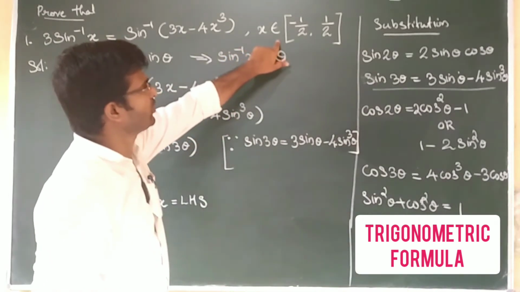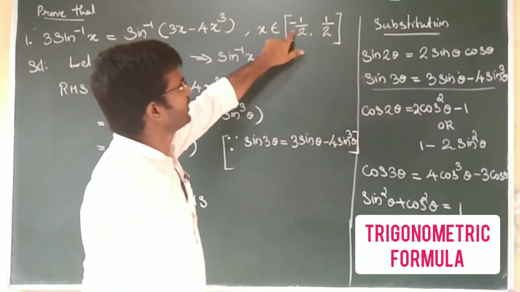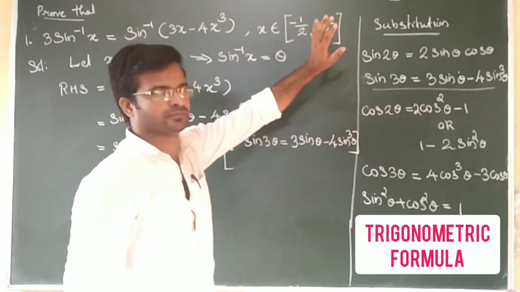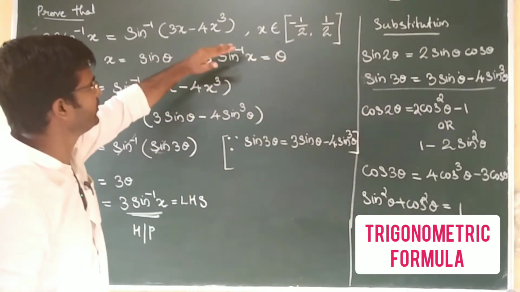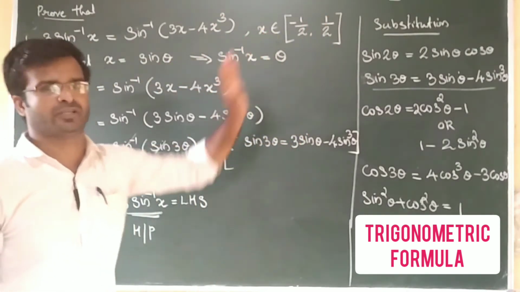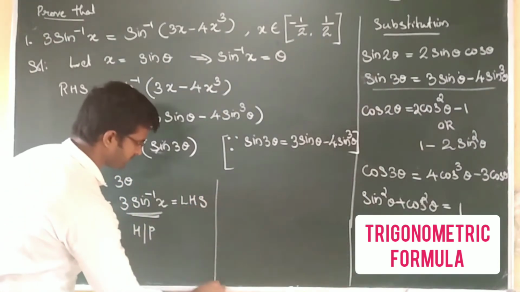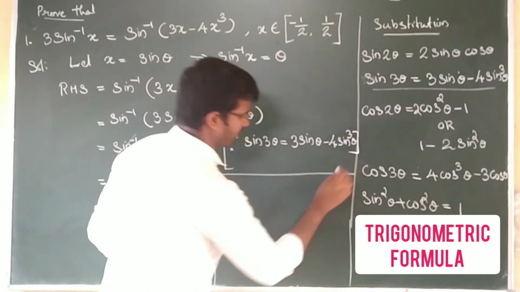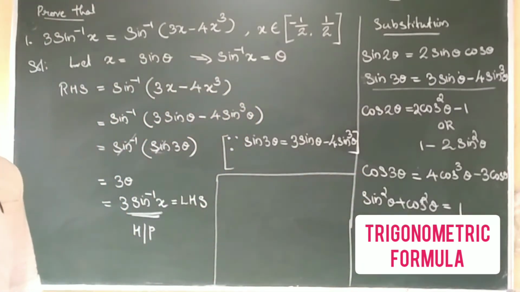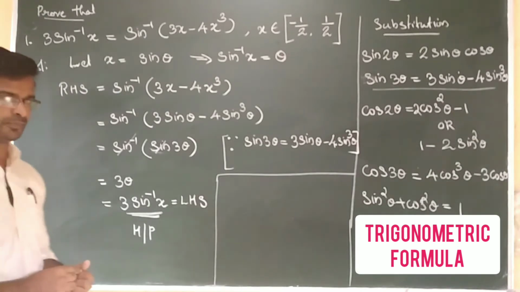But in this question one condition is given: x belongs to the closed interval minus 1 by 2 to 1 by 2. Here we can give x values in between minus 1 by 2 and 1 by 2. Why is it given like that? We already studied the principal values of trigonometric ratios in the introduction of the first exercise, 2.1.